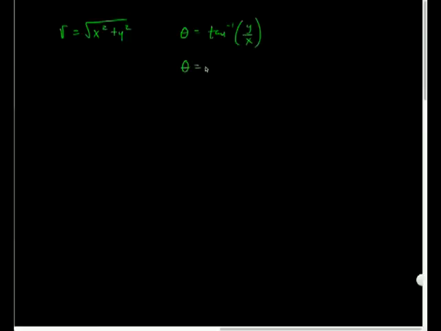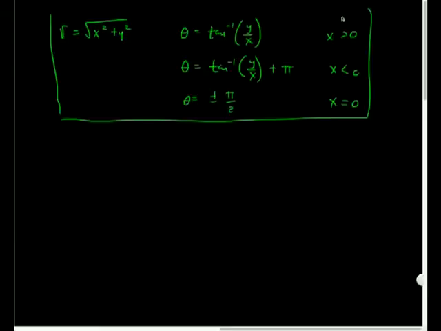And theta is equal to the tan inverse of y over x plus pi on the outside for when x is less than 0. And theta is equal to plus or minus pi over 2, I guess. Oh, is that right? Yes. When x is 0. So this kind of takes care of all of these cases.